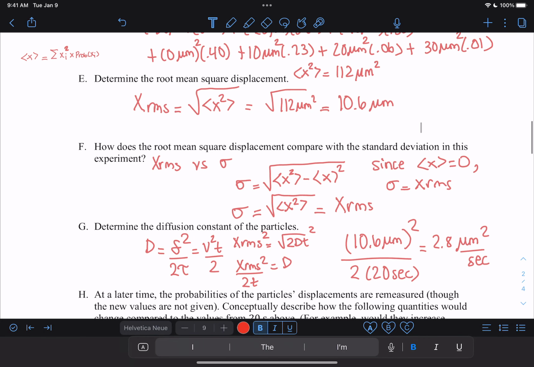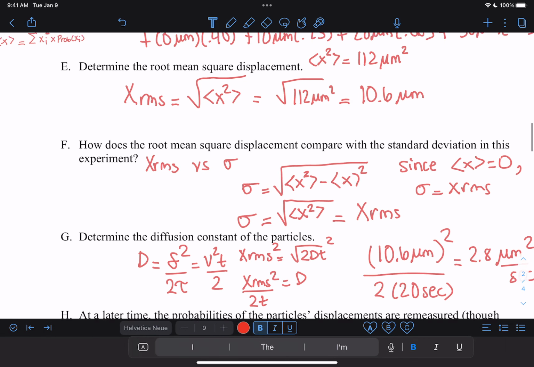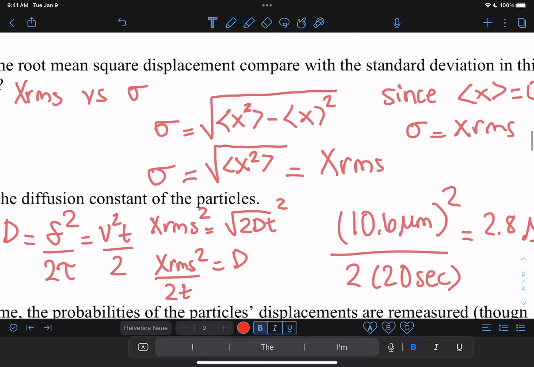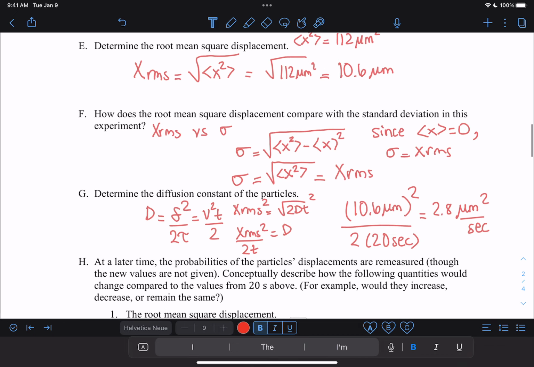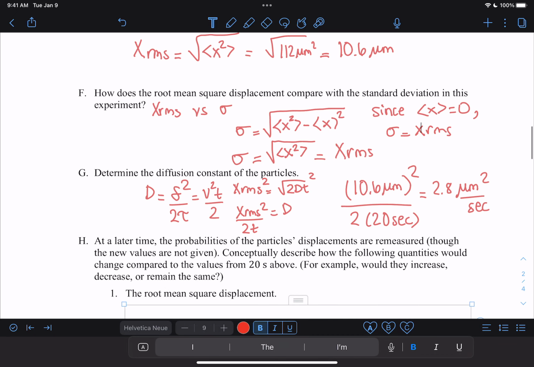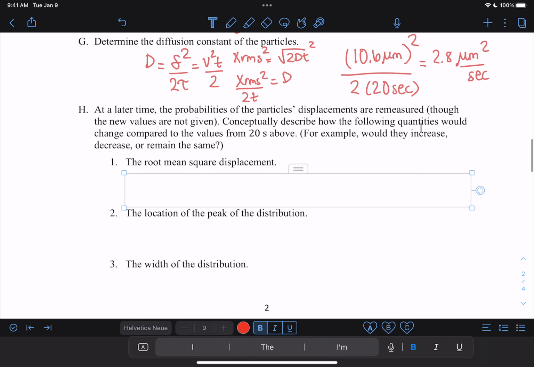Because we know that the root mean square is equal to the square root of 2 times the diffusion constant times time. So as you progress along in time, you're going to see an increase in the root mean square displacement. So the root mean square displacement will increase.